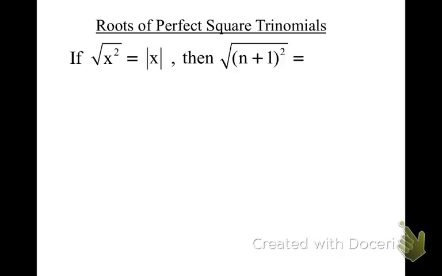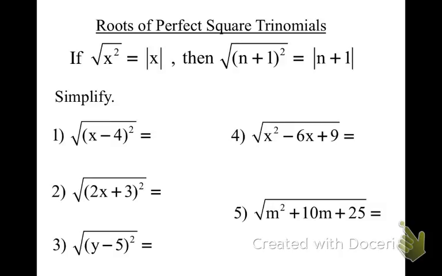The absolute value of m plus 1. Yes, because the binomial, I have one result, right? It's to the first power, this whole thing. So because it's to the first power, I need to surround it by that absolute value. Does that make sense? Okay.